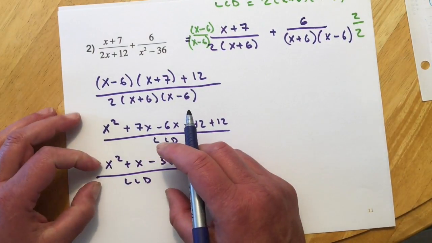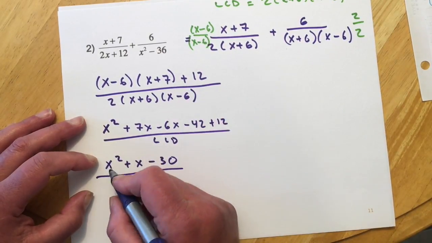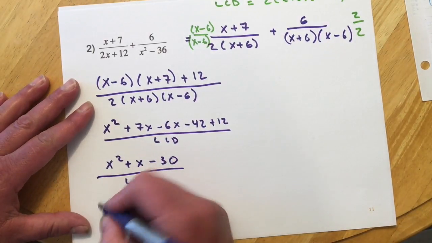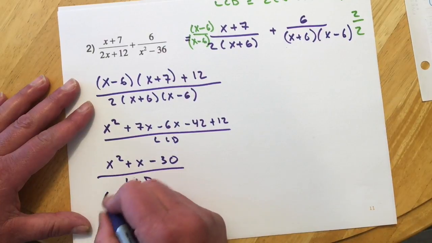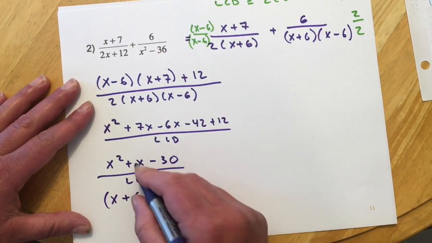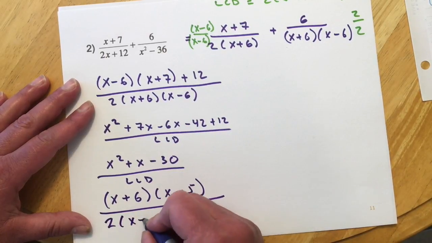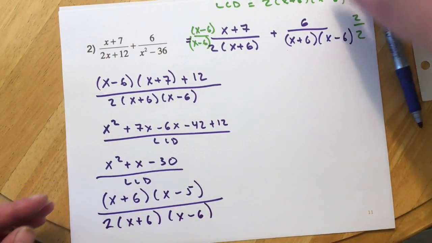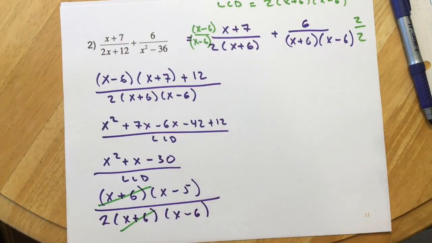And so right here we're at that last step where now I have this over this denominator, and I have to see if there's anything common between them, so I do that by factoring, just like in 7-1. So this is going to go x plus 6 and x minus 5, which will give me negative 30, positive 1. And now finally I'll bring this back. Because until this very last step where I factored my numerator, I can't cancel until right there.